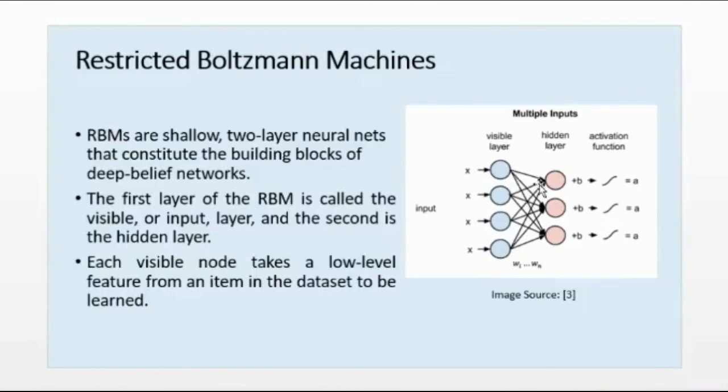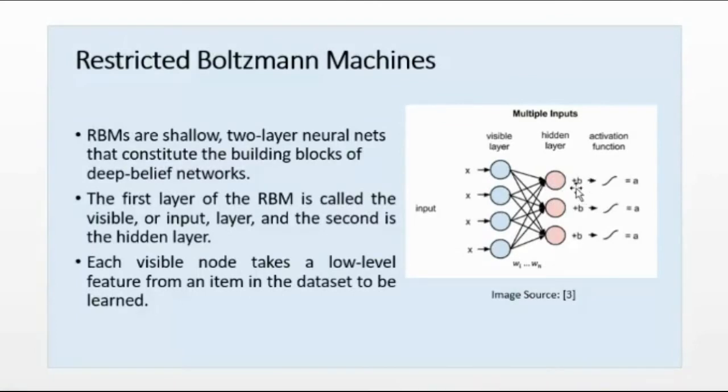For each connected edge, there is some weight. Initially you have to assign some weights, and there are some methods for how to assign them. Let us say you have assigned some initial weights. Then these weights are multiplied with the input x, and again the next weight is multiplied with the second input, and similarly all of them are summed up.